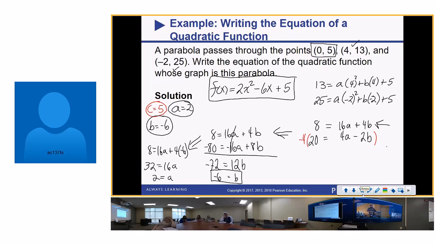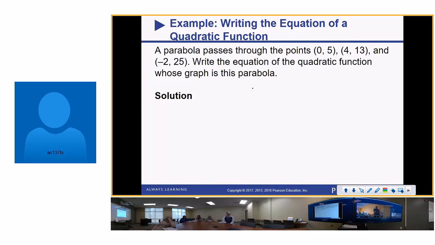So make sure you use the 0, 5. They're going to have to give you the y-intercept to do this. That's a good question. It's usually the one most people ask: can you do it if that is a 2 and a 4? No, you cannot. You have to use the Excel spreadsheet then.